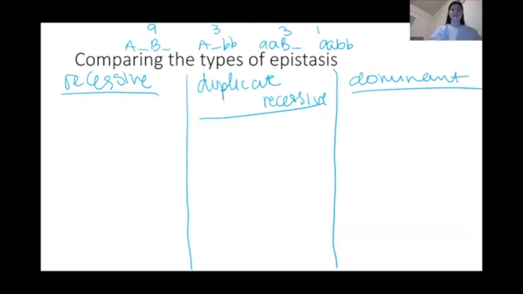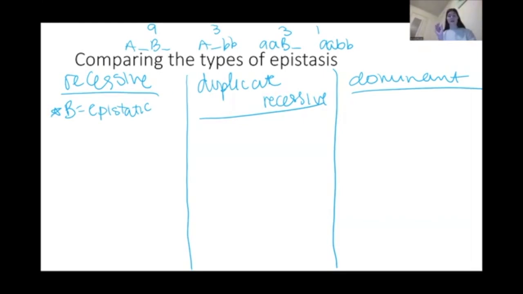So first, let's talk about recessive. So in recessive epistasis, and this is just my personal preference, I always make the second gene the epistatic gene. So I'm going to say that your B is your epistatic gene. And then that would mean that A is my hypostatic gene.